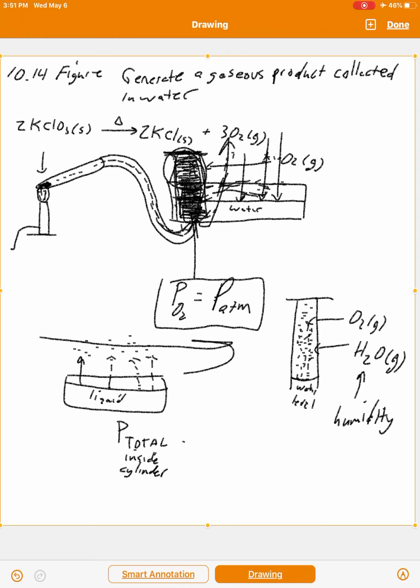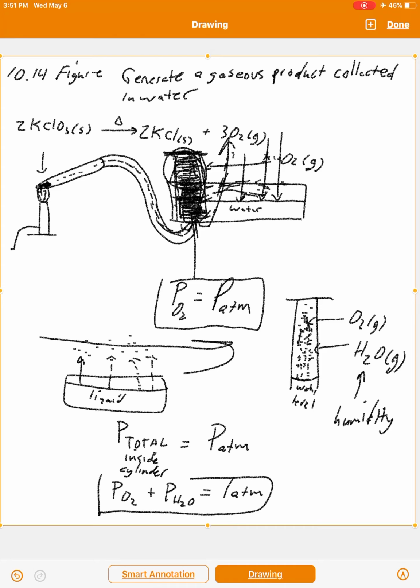The pressure of the gases in here is equal to the atmospheric pressure, but we have two gases now, not just one. So that means that the pressure of oxygen plus the vapor pressure of the water is equal to one atmosphere, one pressure, whatever the atmosphere is. Okay? So that's an issue: the vapor pressure of water.